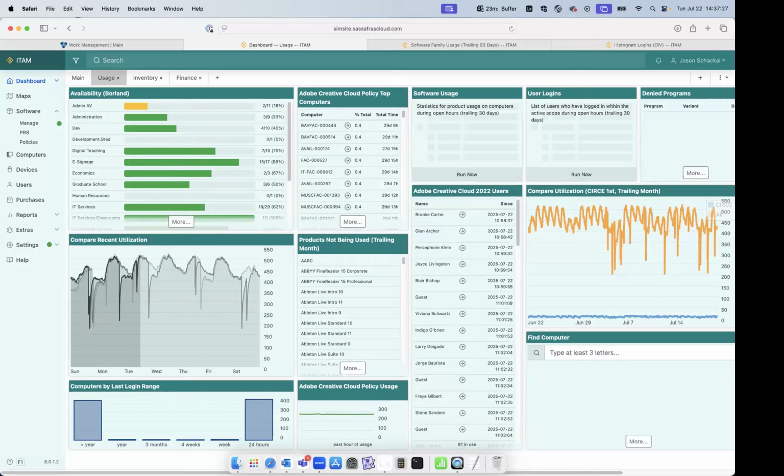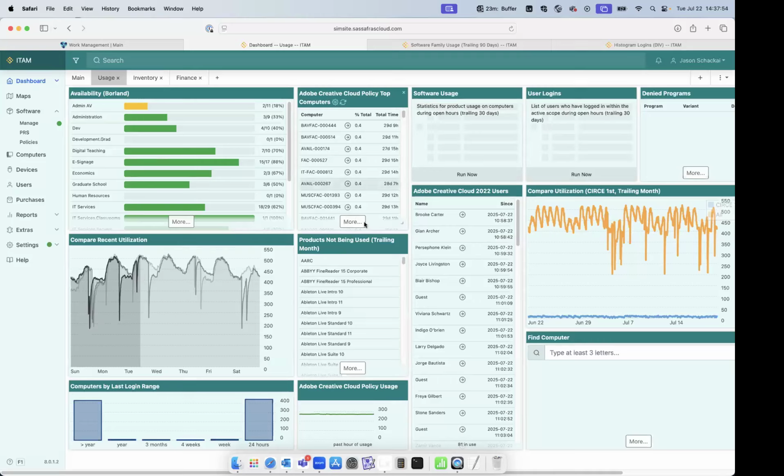There's a lot of automation here as well. So whether it is discovering the software, running imports from Intune or Jamf, whether it is running the export out to TeamDynamix, so you can get a lot of this inventory information in your service management tool, or the usage tracking and scheduled reports and other automations and integrations we can talk about.